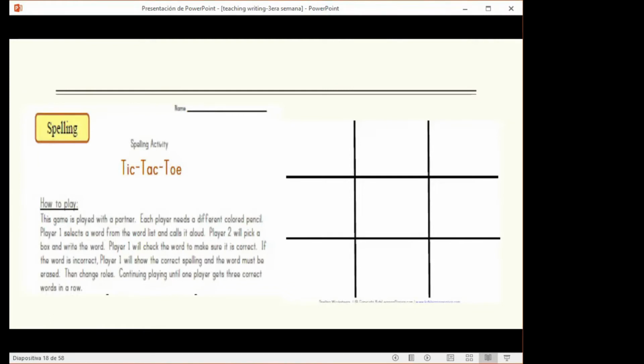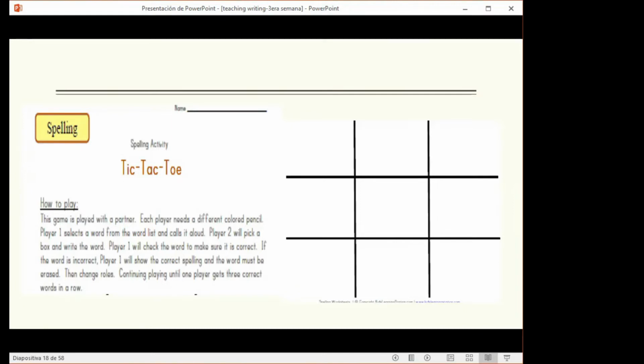He says the word, and player 2 will pick a box and write the word. So player one is going to choose a tricky word, difficult to spell, because student two is going to write it. Student two goes to the board, or maybe on a paper, as you want.